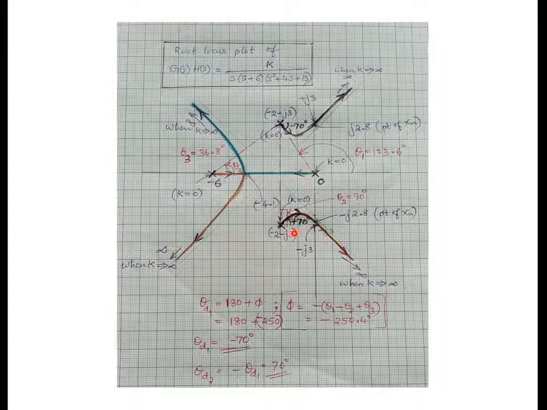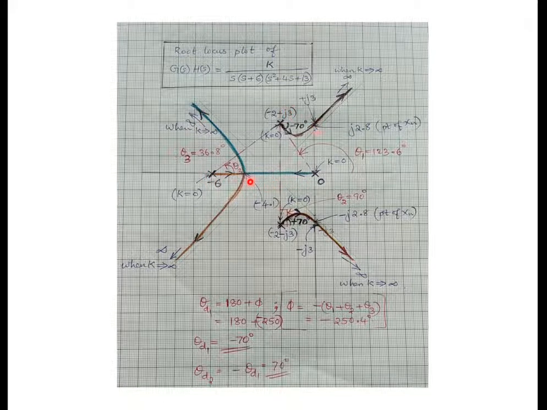Then theta 2. Of course, it is a complex conjugate, so it is making an angle of 90 degrees, a right angle triangle. And theta 3 you can again find as tan inverse of opposite side by adjacent side. The opposite side is 3, and the adjacent side is from minus 6 to minus 2, that is a difference of 4.